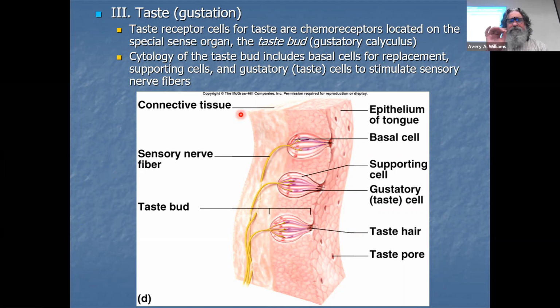The taste buds include basal cells for replacement, which is pretty much the same. You have supporting cells, and then the actual gustatory or taste cells that are actually stimulated, that actually stimulates a nerve fiber that generates an impulse and sends it to your central nervous system where you interpret taste. Okay, so there you go.